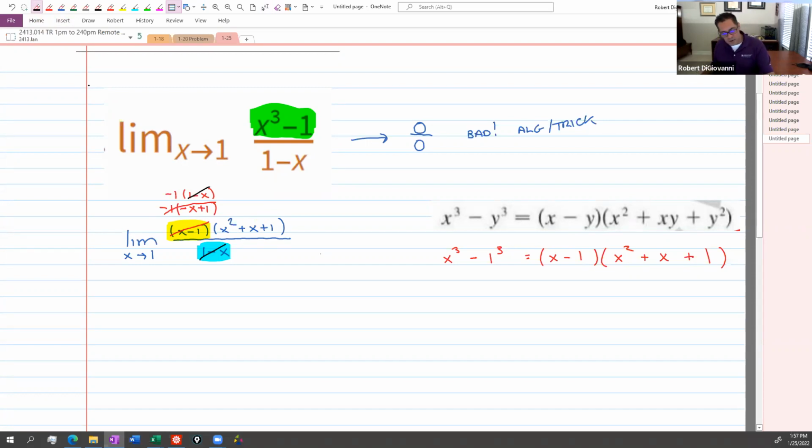And this is where there's that little asterisk. I need to promise you x can never be 1 when I do this canceling. Rewrite the limit as x approaches 1. What was left? Well, I had the negative, right? Don't forget that -1, it's still here. And then we had the x squared plus x plus 1 in parentheses.